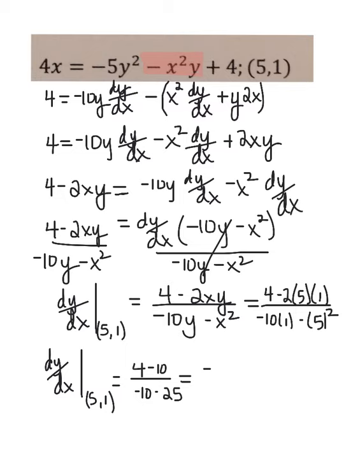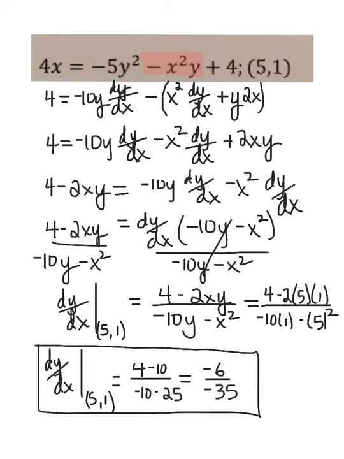We've got negative 6, and then in the denominator, negative 35. Okay, so this is dy/dx evaluated at 5, 1. Now, I just noticed that that's a double negative, so let's make that 6 over 35. So to me, that would be your final answer for the derivative evaluated at 5, 1.